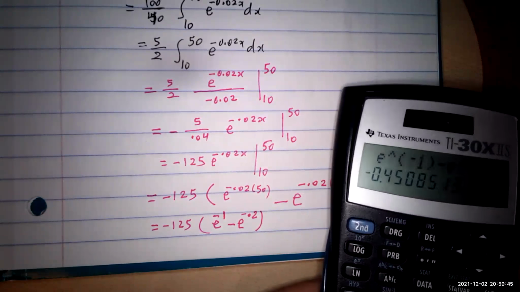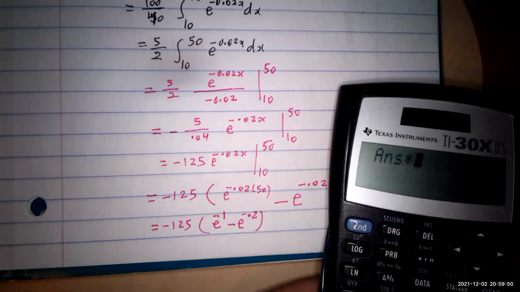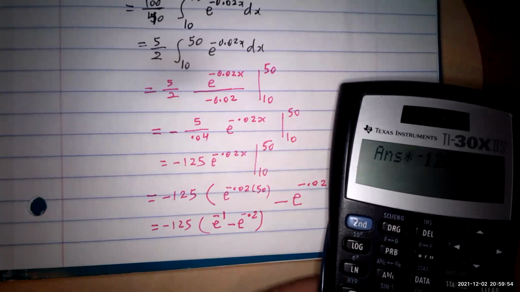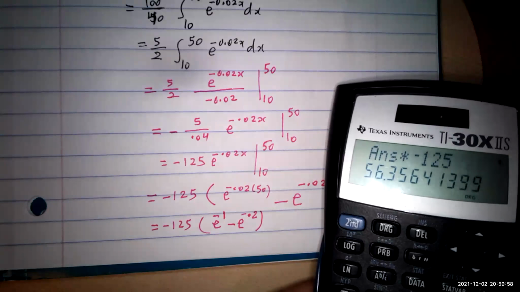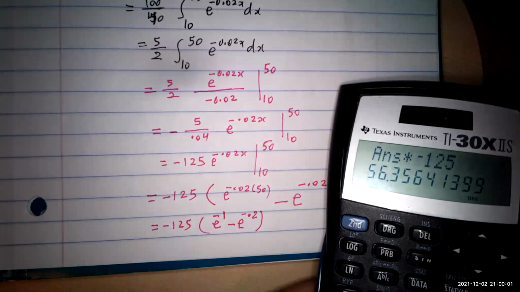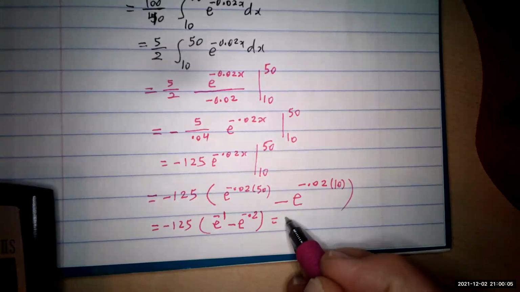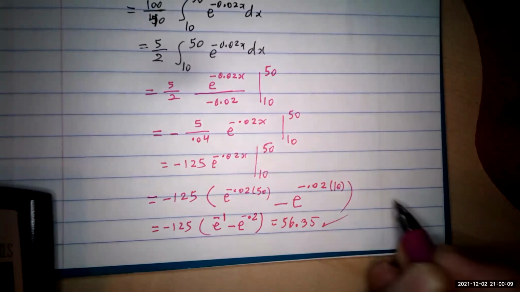Then you multiply it by negative 125. So that would be the final answer. Okay, that should give you 56.35.